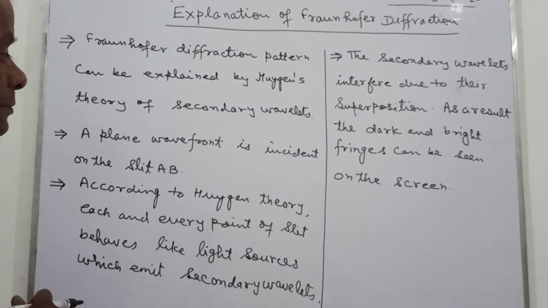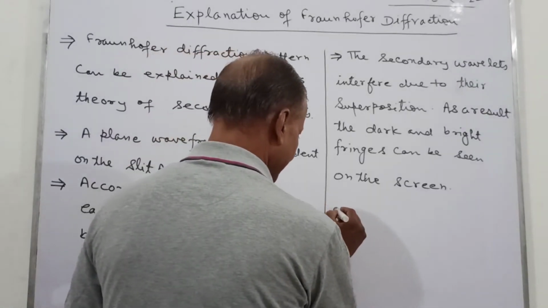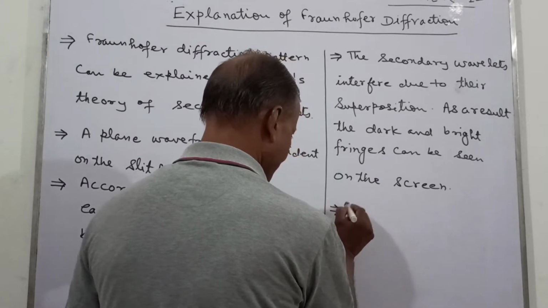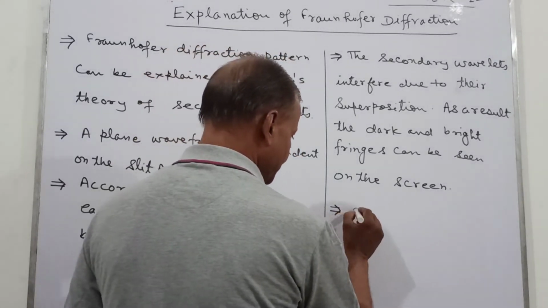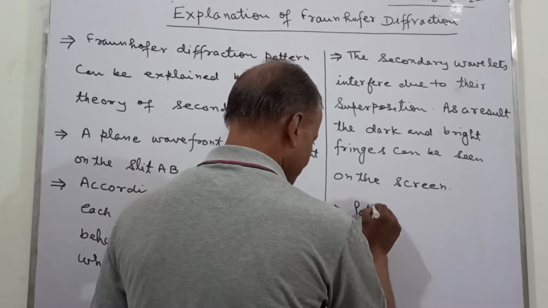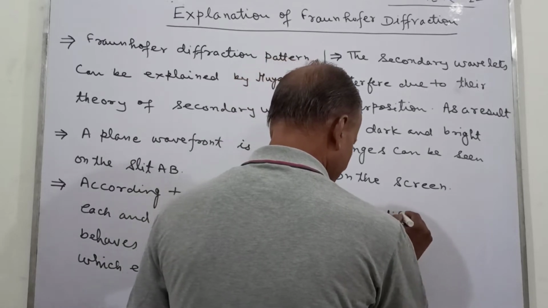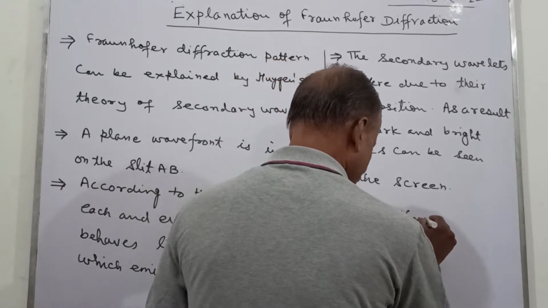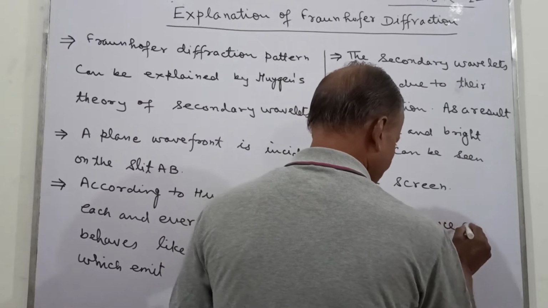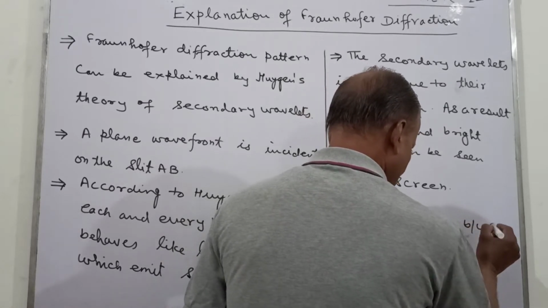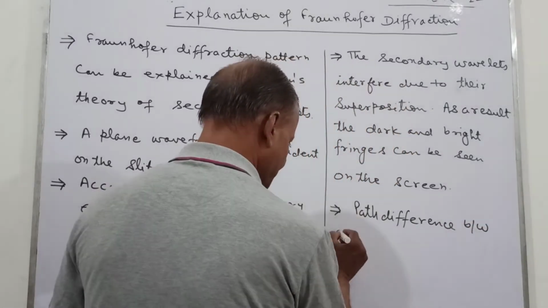So now let's find the path difference between secondary wavelets.